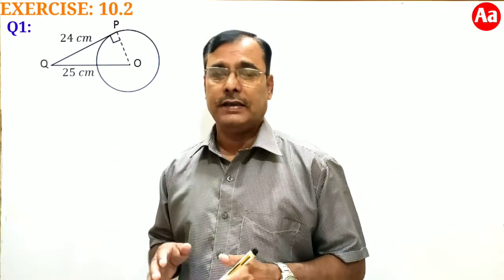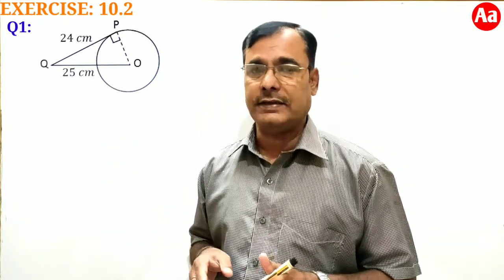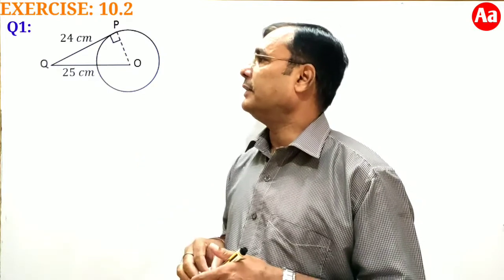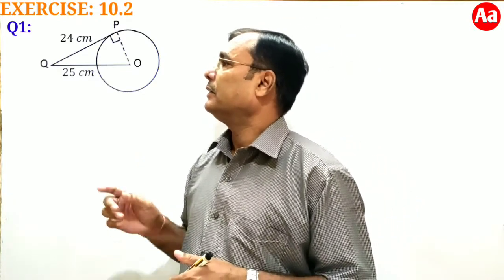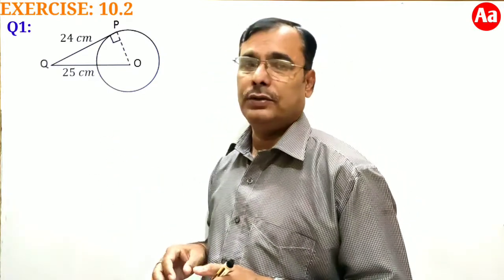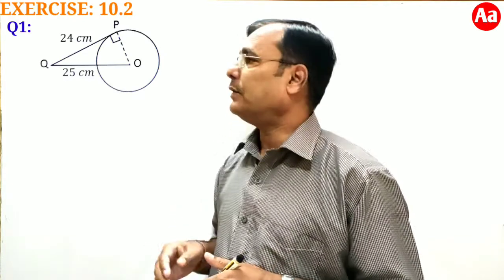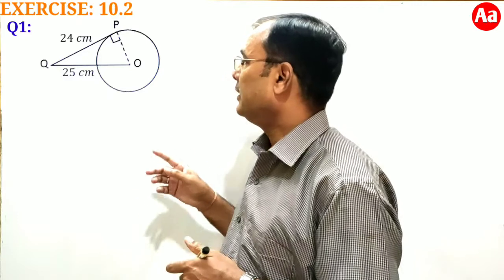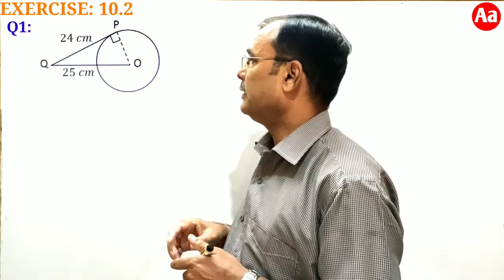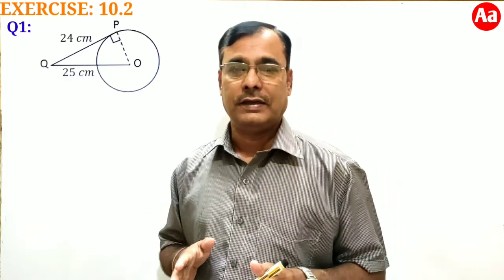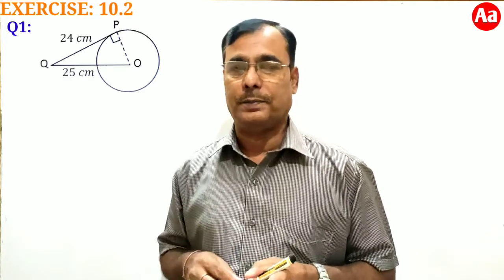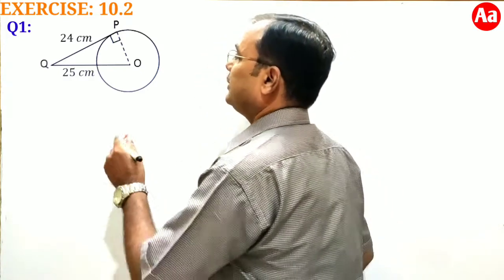Radius OP is perpendicular to the tangent through the point of contact P. Therefore, triangle POQ is a right angle triangle right angled at P. So, applying Pythagoras theorem in right triangle POQ, we can find out radius of the circle OP. So, let's do this question.